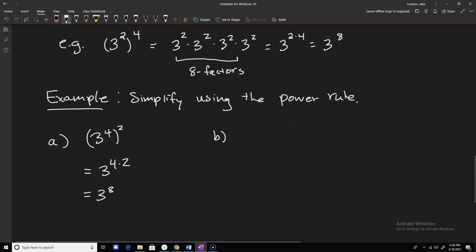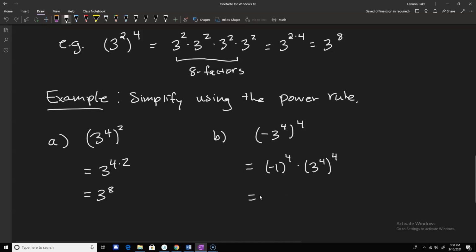B, on this one we have negative 3 to the 4th raised to the 4th. And the thing about that is really there's kind of two factors going on in here. You've got the -1 that's being raised to the 4th power, and then you also have your 3 to the 4th that's being raised to the 4th power.